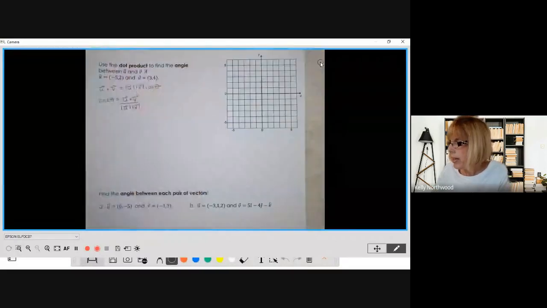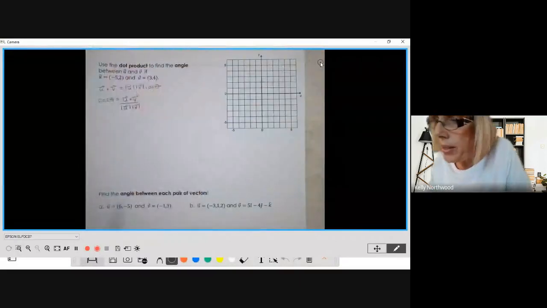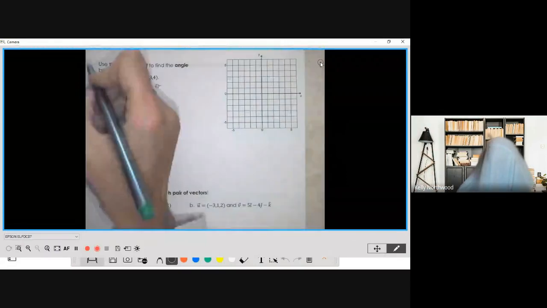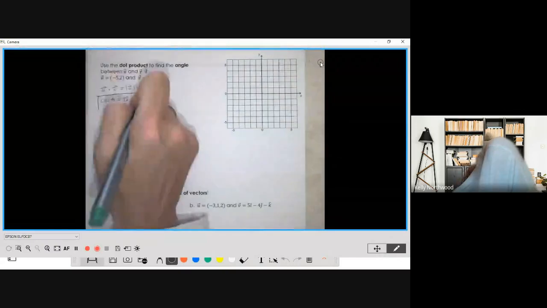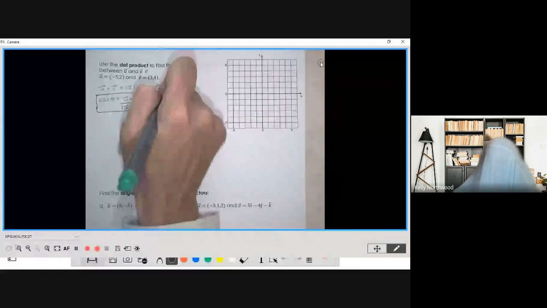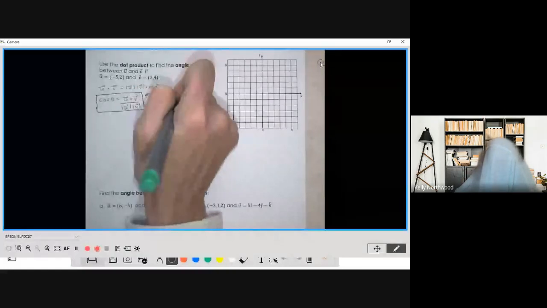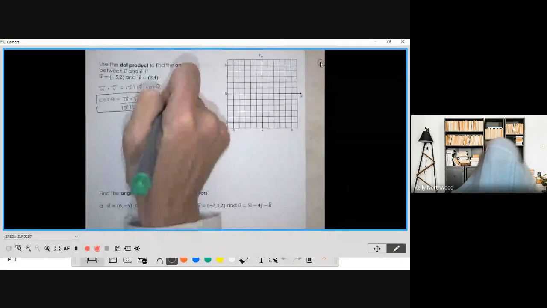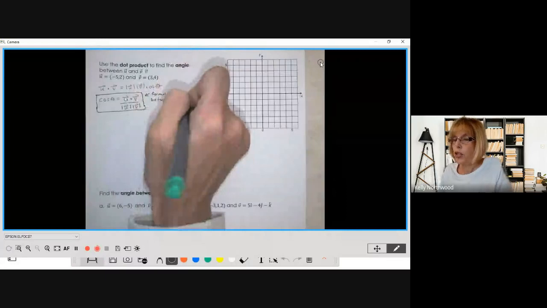So this formula is a really important one. This is our formula for finding the angle between two vectors. So whenever you need to find the angle between two vectors in 2 space or in 3 space, there's your go-to formula.